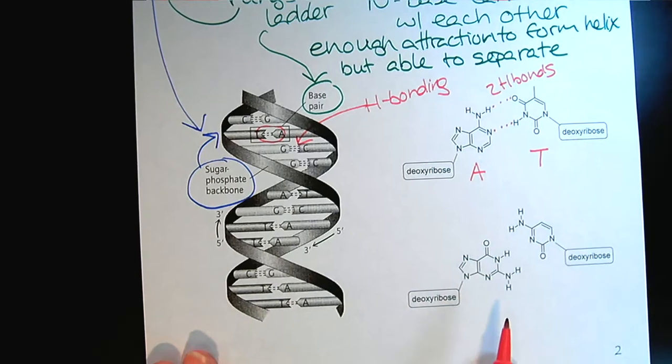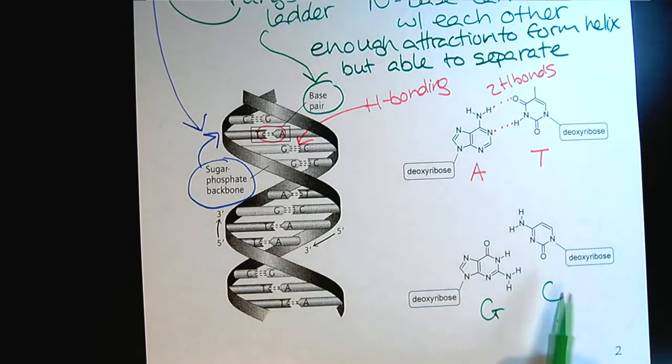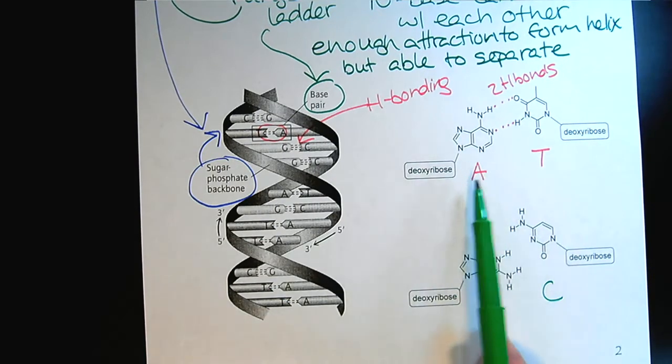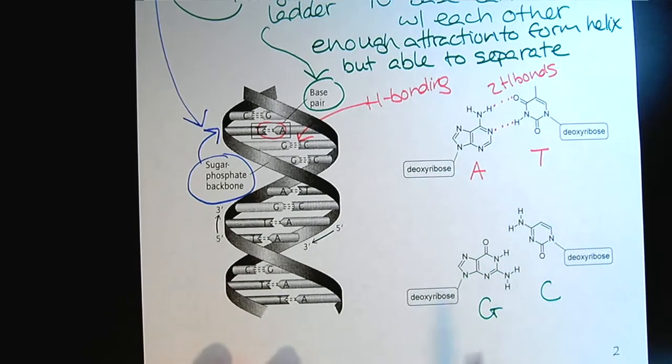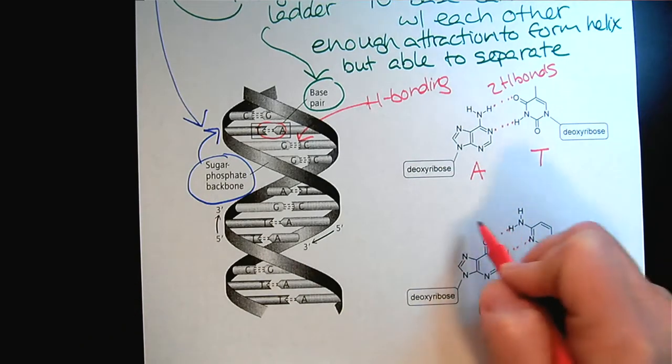And then if we look at guanine and cytosine, they also always form pairs together. So we'll only see adenine with thymine and guanine with cytosine. We never see them mix the other way. And here we see that there's the ability to form three H bonds.